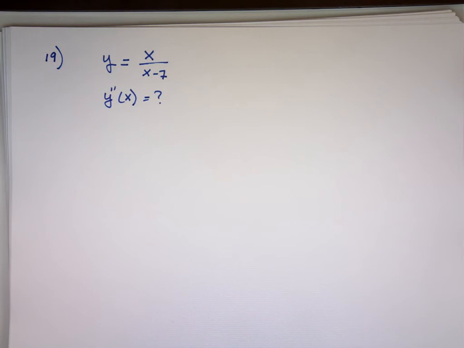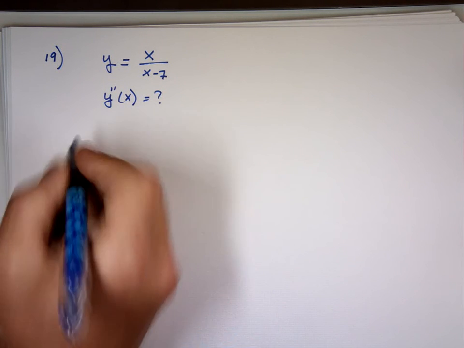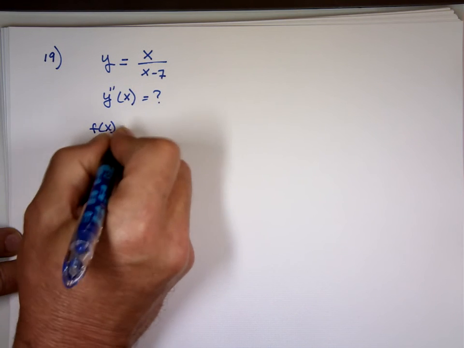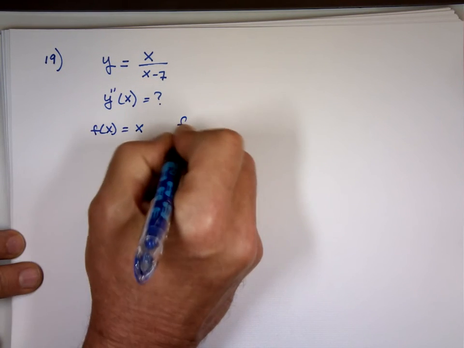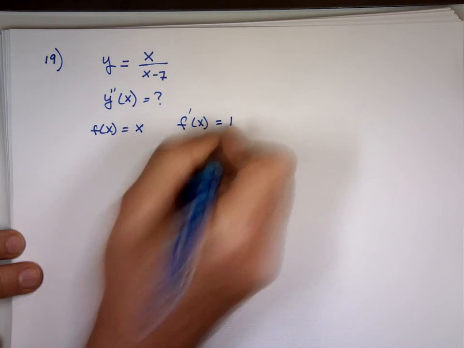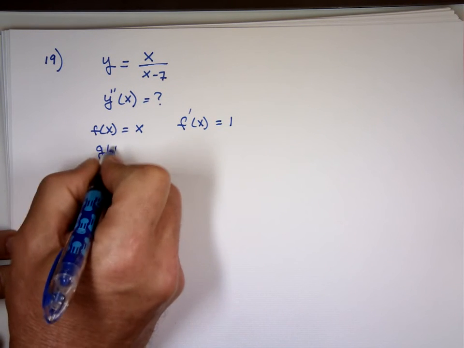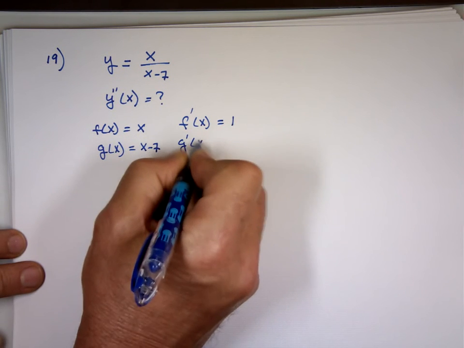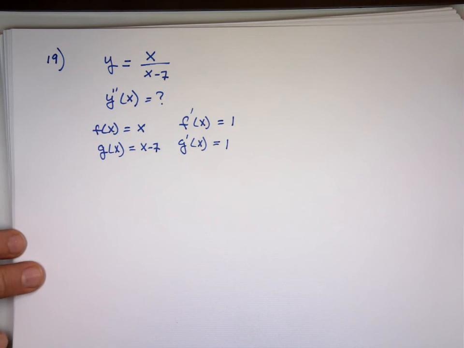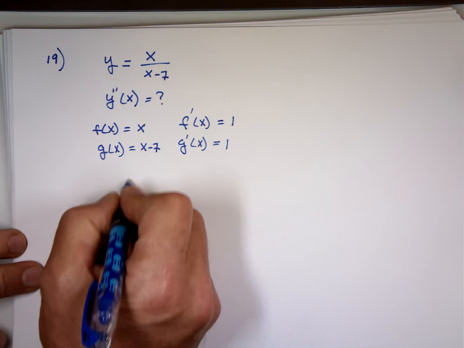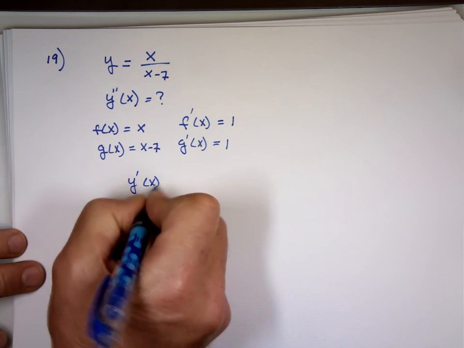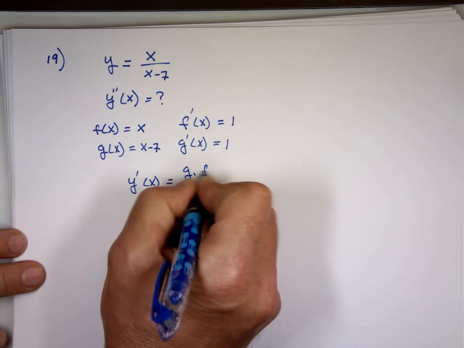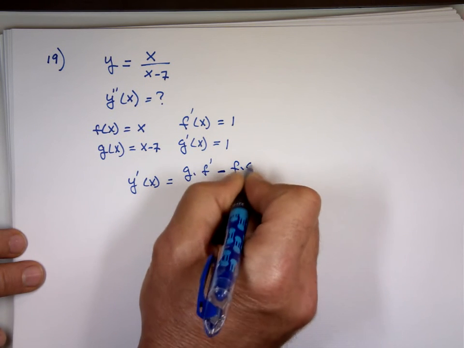So let's look at the first derivative. What's f prime of x? 1. G of x is what? x minus 7. What's the derivative of that? Still 1. The first derivative is going to be g times f prime minus f times g prime, all divided by g squared.